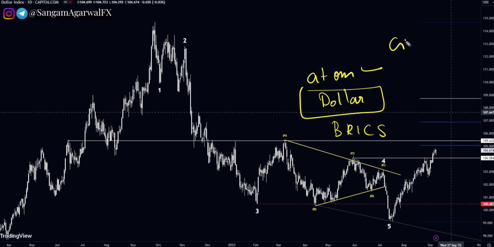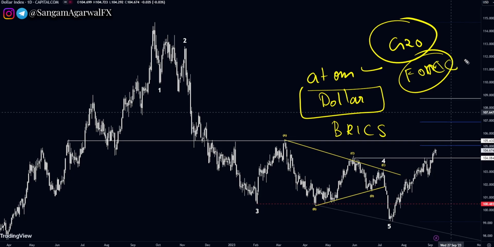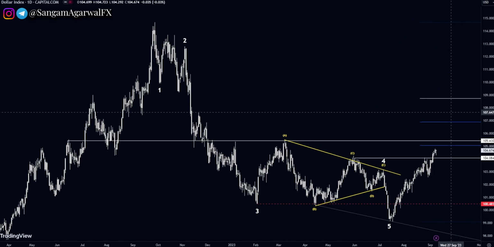So after the end of the G20 meeting and the next FOMC meeting, you can see a big change in the dollar. Because all the powers who control this world right now are busy in G20. But soon after G20, you will see a big change in every asset class, and those are driven by politics.